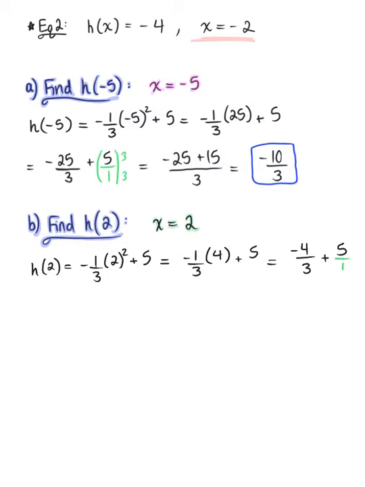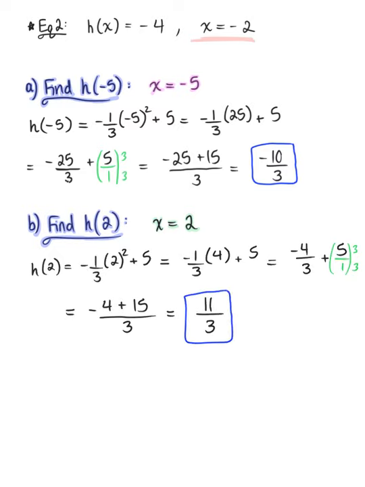So if we rewrite 5 as 5 over 1, and then multiply the top and bottom by 3, we attain that common denominator. So this is leaving us with negative 4 plus 15, all divided by 3, which leaves us with a beautiful final answer of 11/3.